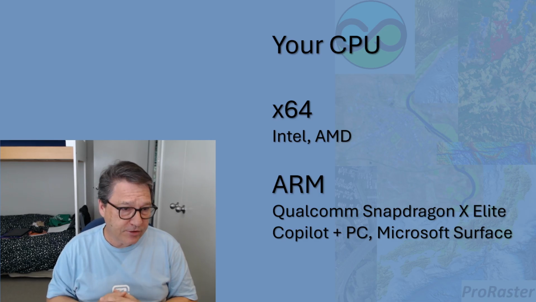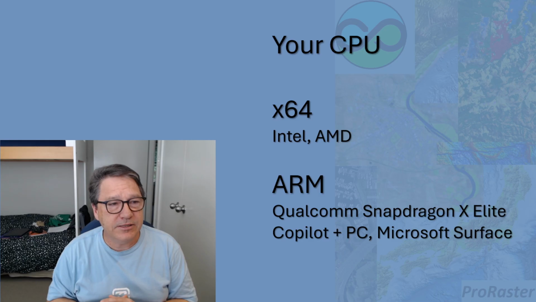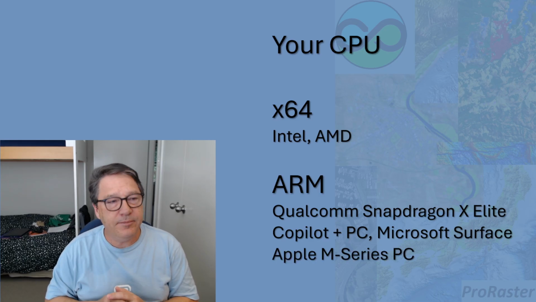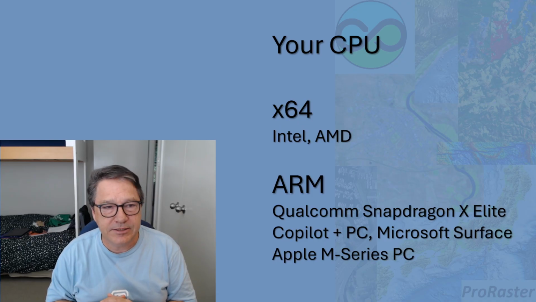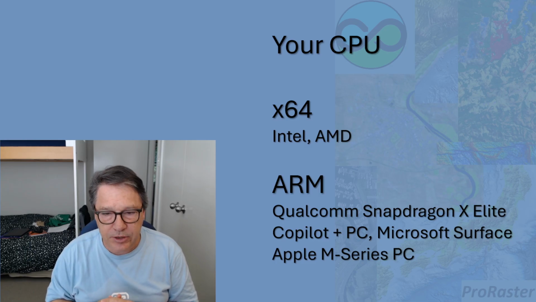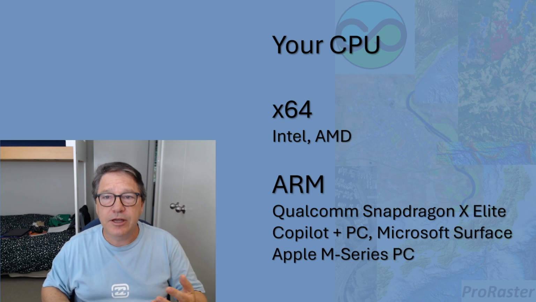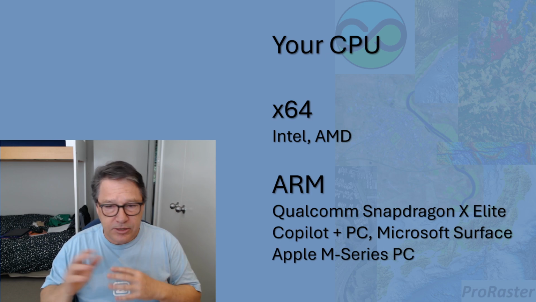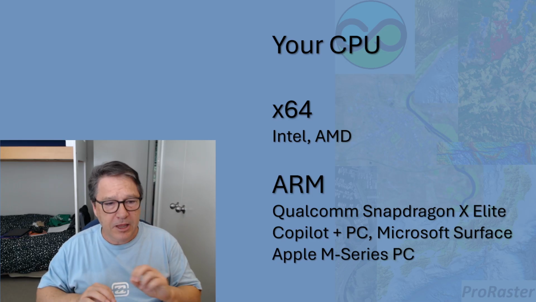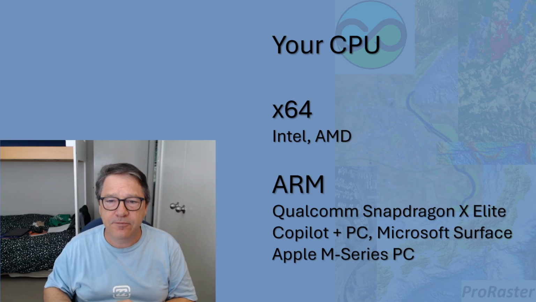So if you have a Microsoft Surface, for example, or Surface laptop, you probably have one of these Snapdragon ARM-based CPUs in it. If you have an Apple PC with an M series CPU in it, that is also based on ARM. So there's our two kinds of CPUs, and they don't talk to each other, right? Code for one does not work on the other, and vice versa.